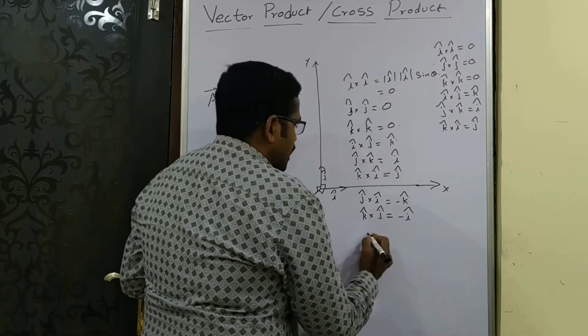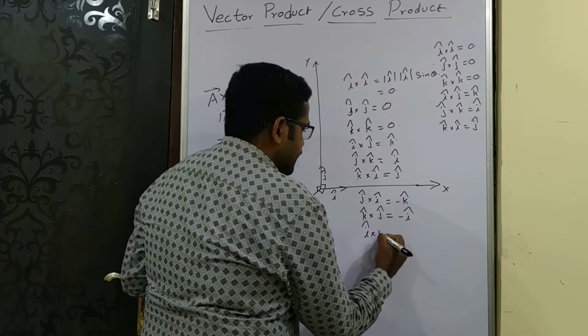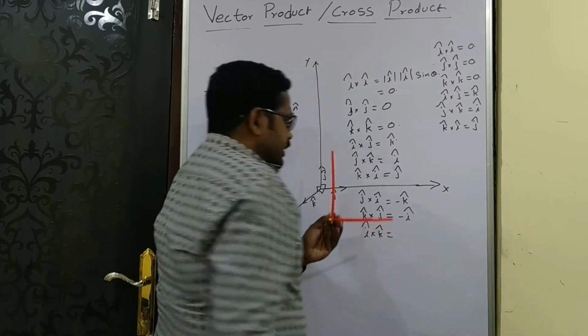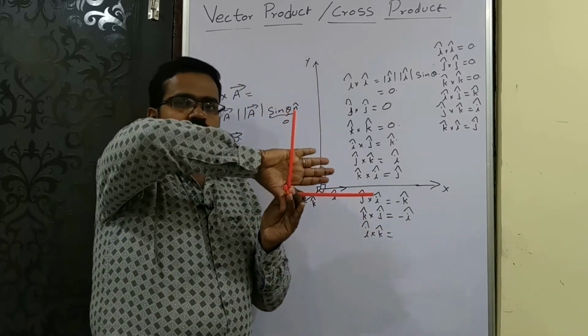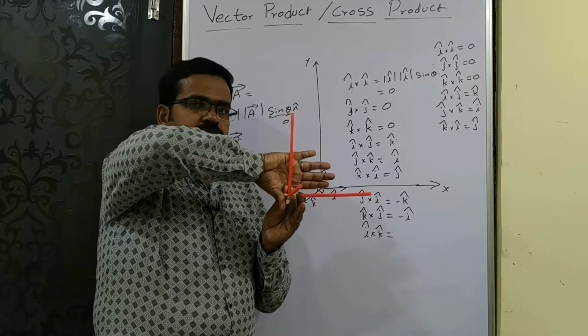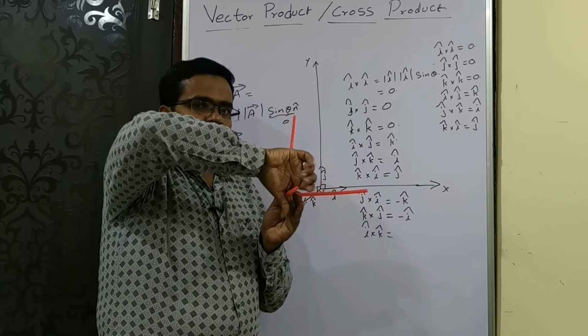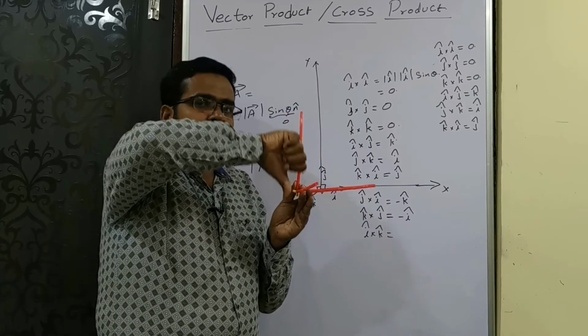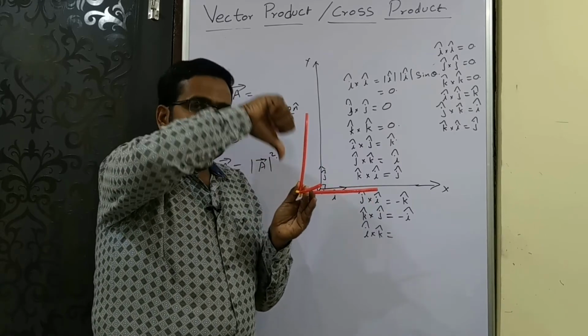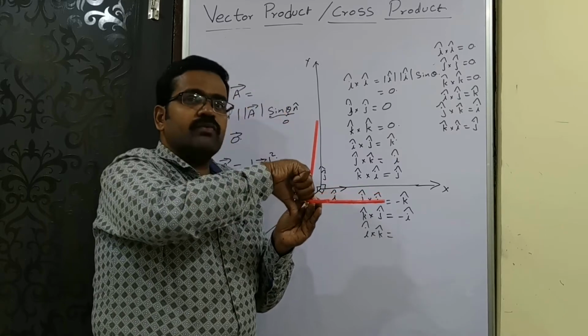How much is I cap into k cap? I am placing my palm along x-axis and closing it towards z-axis. X-axis to z-axis. What is the direction of my thumb here? It is downward. That is negative of y-axis.